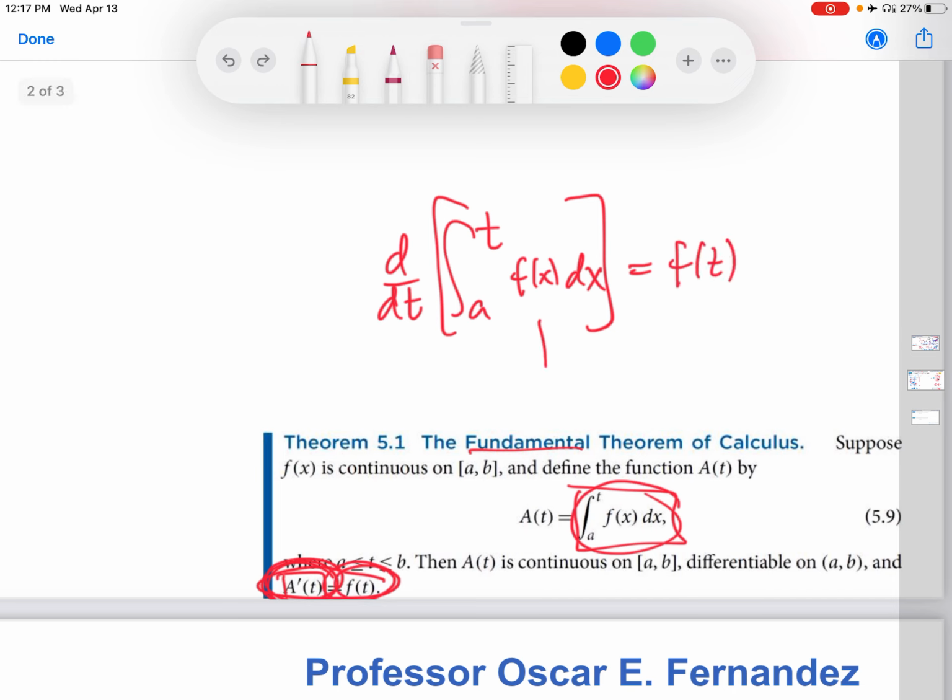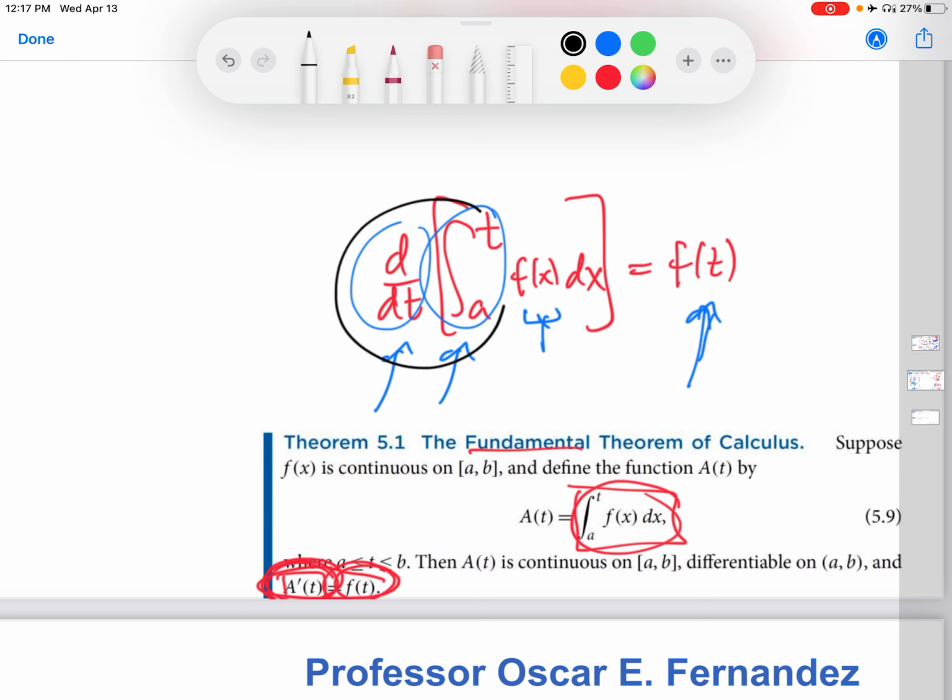In other words, if I step back and look at what I have written, the derivative of the integral of a function is that function. That's a really simple way to put it. And if you just rewind that and you listen to it in English, the derivative of the integral of a function is the function. It basically tells you that differentiation and integration undo each other.